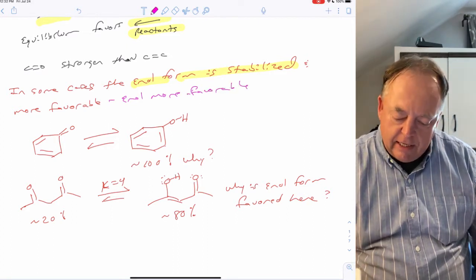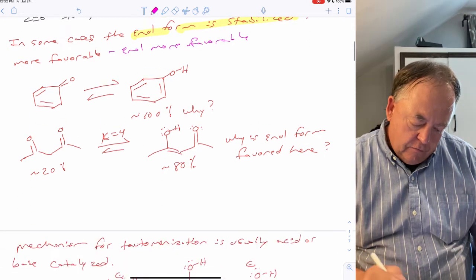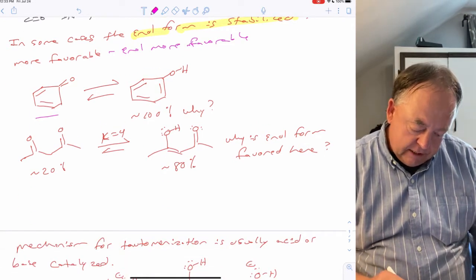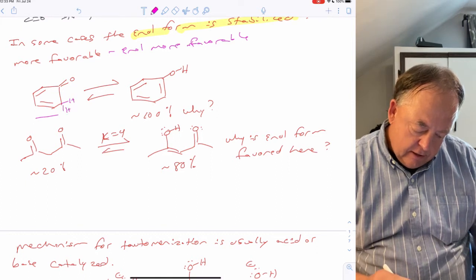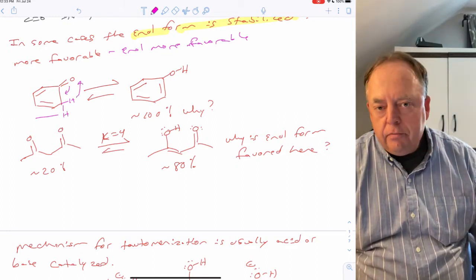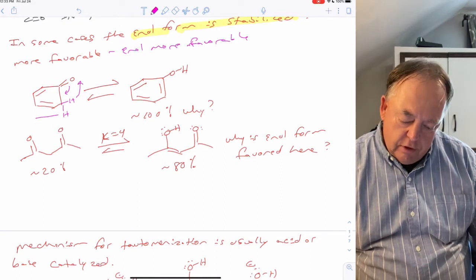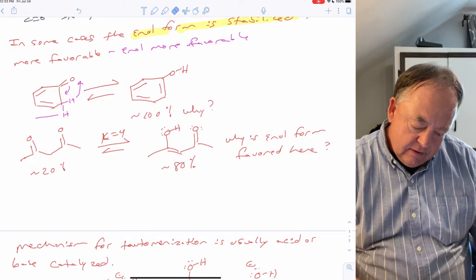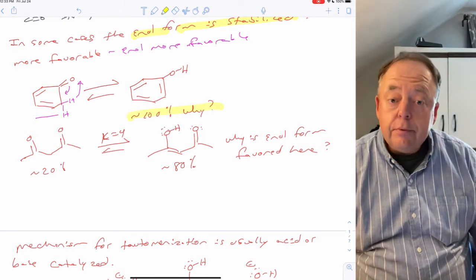Such as the next two examples illustrate. If we take this ketone, it's in equilibrium with its enol. Again, if we just move a hydrogen atom up to the C double bond O and move the double bond down, that would be the enol form. In this case, this favors the enol at about 100%.